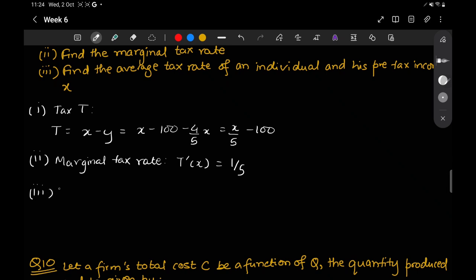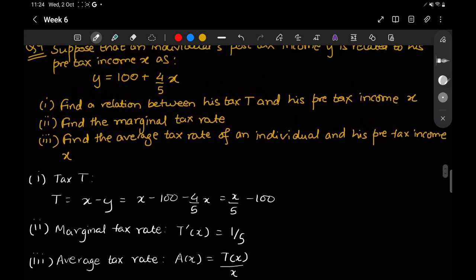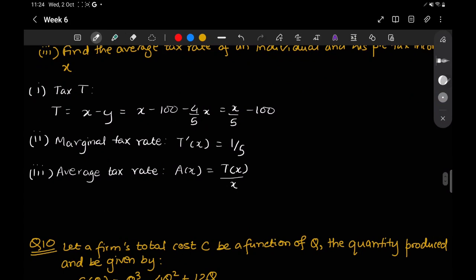And finally the average tax rate. That's the tax over x, which is the pre-tax income.